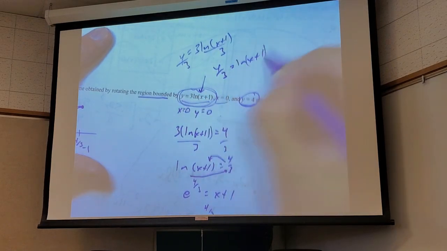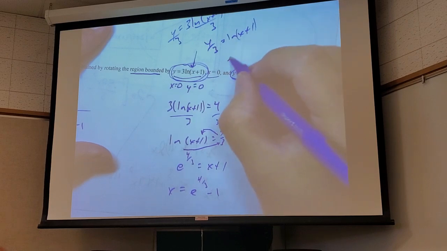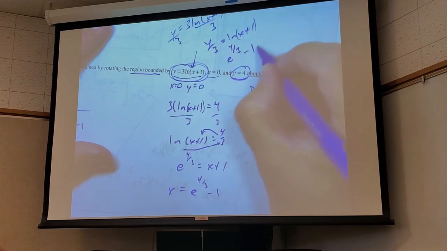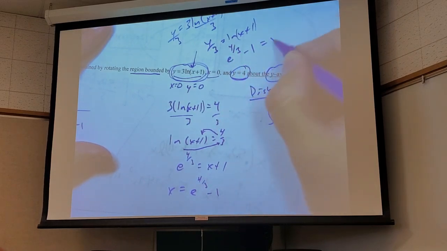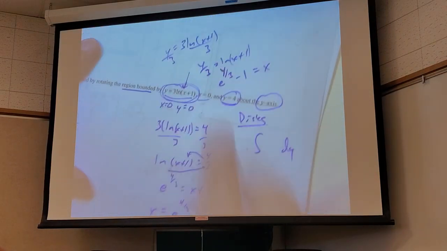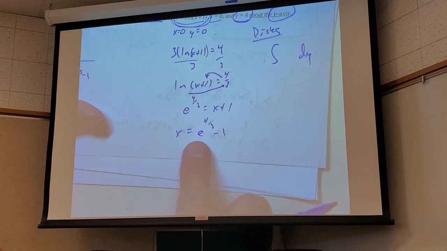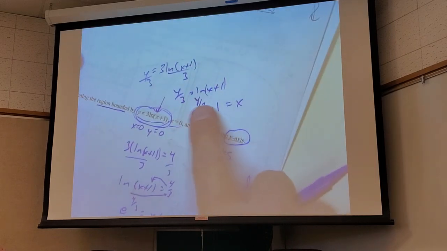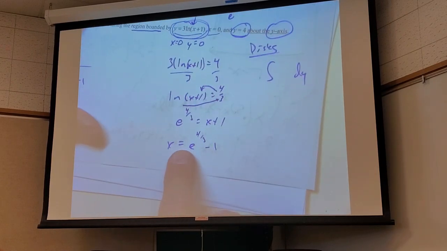Then you do what? And then I'm going to subtract 1. Is that cool? This is a y up here. You guys see it? Now watch. Doesn't that look like this? What do I get when I make y 4? Don't I get e to the 4/3 minus 1?